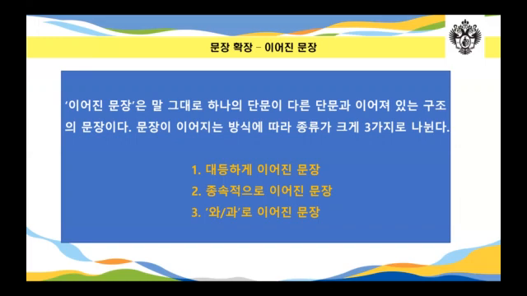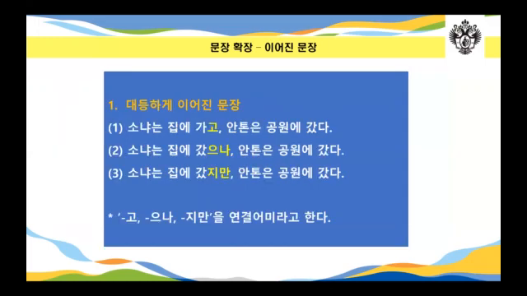Okay, let's take a look through examples in detail. Number one, 대등하게 이어진 문장. Parallel sentences. Let's read aloud together. Three examples. Number one, 소냐는 집에 가고 안토는 공원에 갔다. Number two, 소냐는 집에 갔으나 안토는 공원에 갔다. Number three, 소냐는 집에 갔지만 안토는 공원에 갔다.